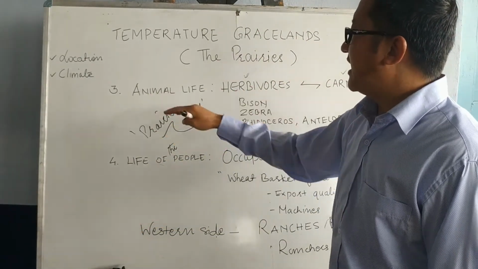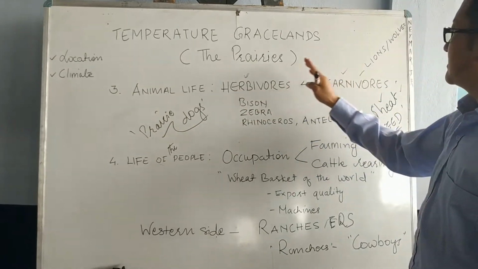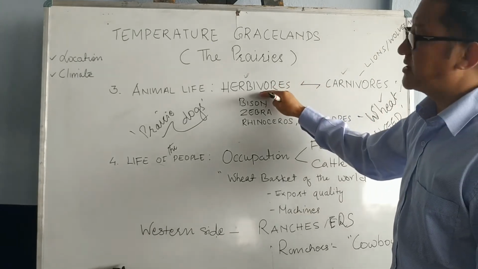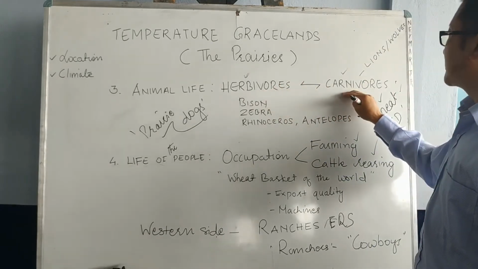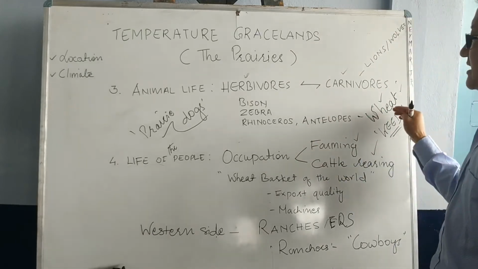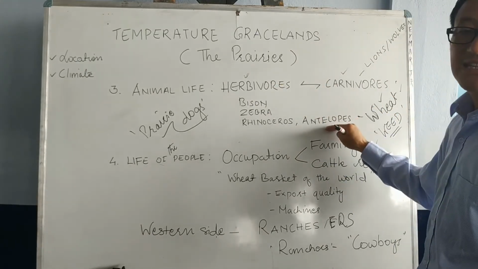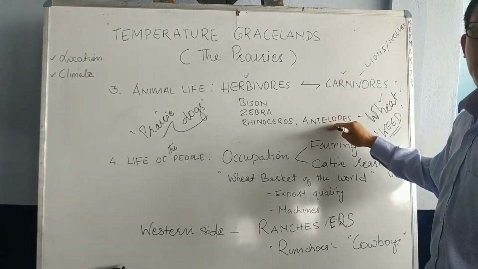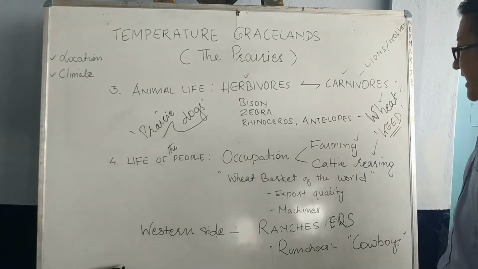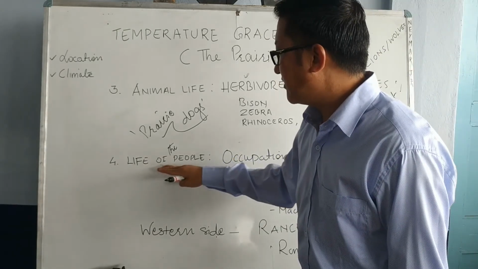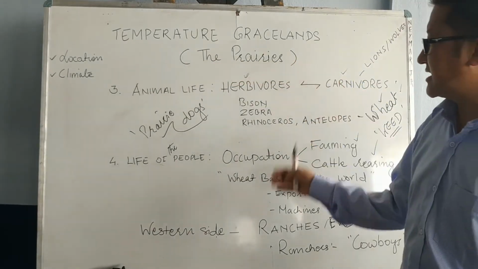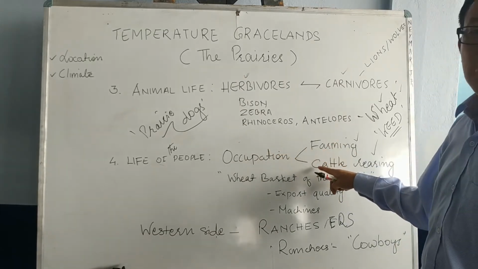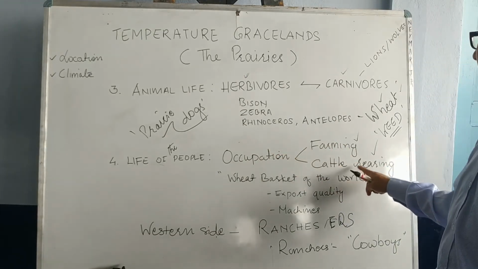And animal life: you get both kinds of animals here, herbivorous and carnivorous. Herbivorous animals eat grass, and carnivorous animals eat flesh. For example, the white antelopes we found in some other country last time; here is a simple, normal antelope we get here. When we talked about the life of the people in this region, we said their main work is of two kinds: farming and cattle raising.